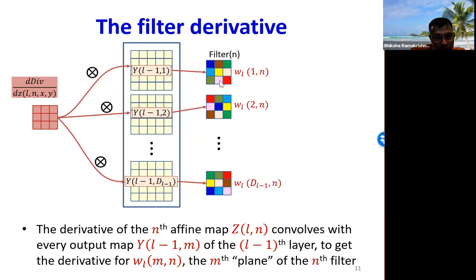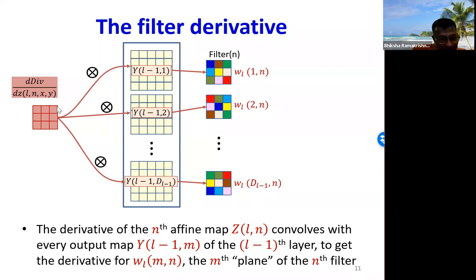And so to compute the derivatives for all of these filter terms, all we did was to convolve the corresponding y map with the nth layer affine derivative map.